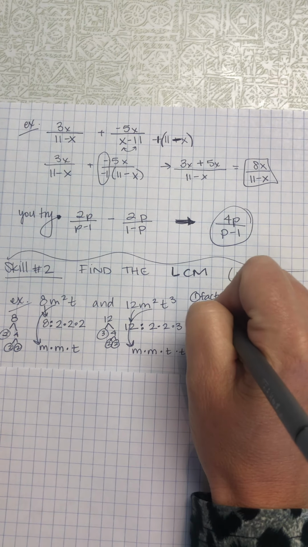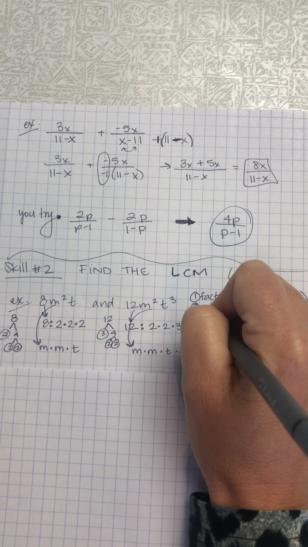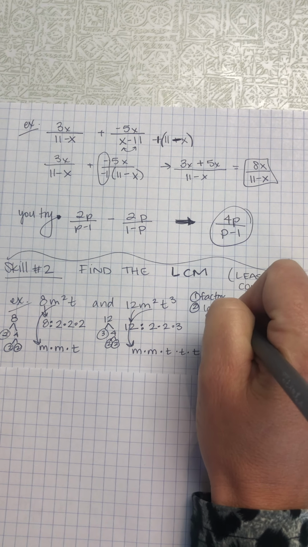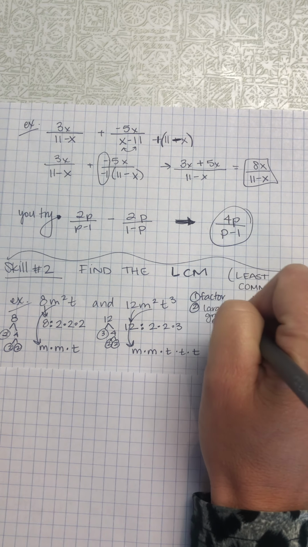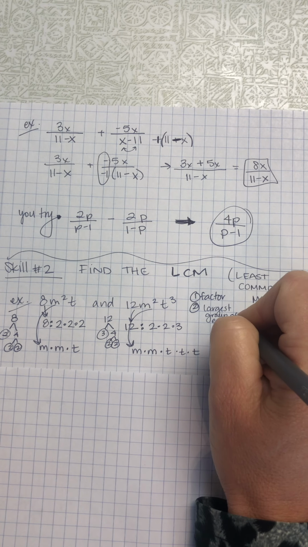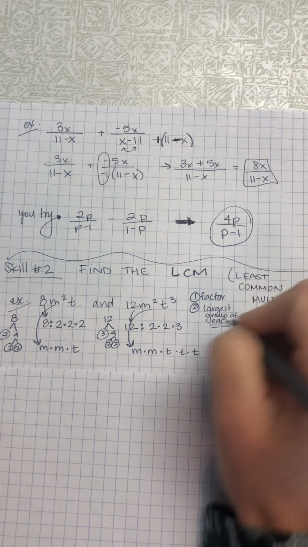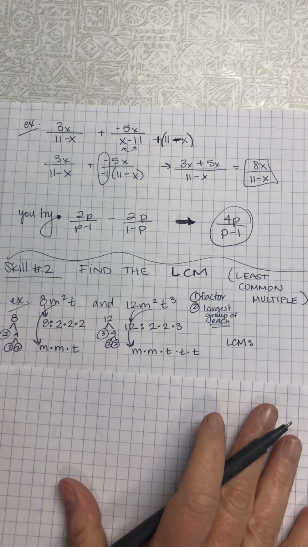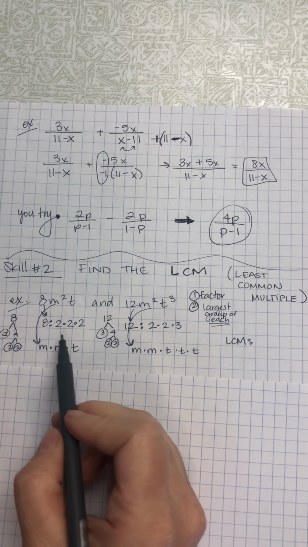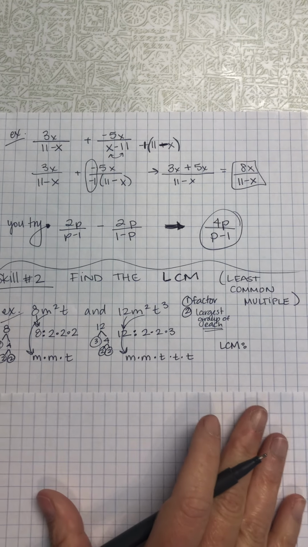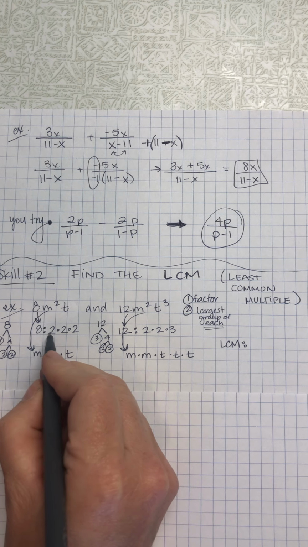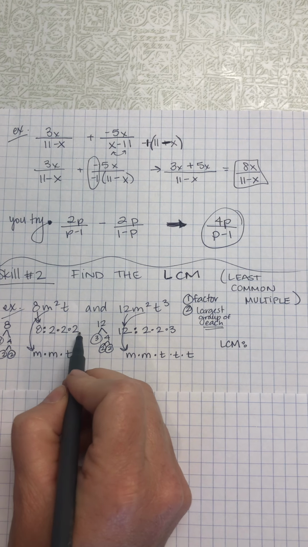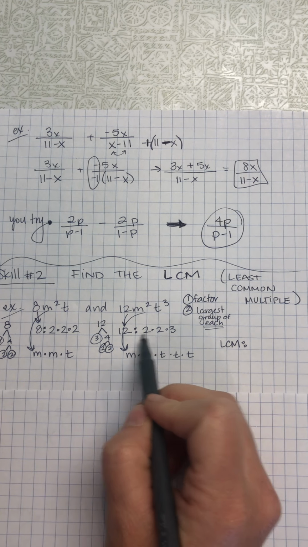We want the largest group of each. I'm just going to say each because whether it's a factor or a binomial, whatever it is, numbers, etc. So in this case, the LCM, if I check 8, I have 3 2s, and if I check 12, I have 2 2s.